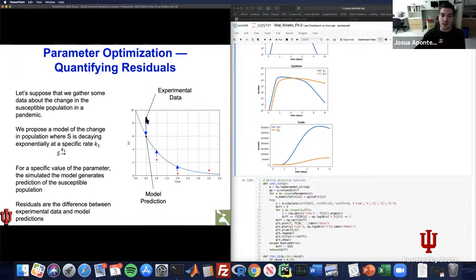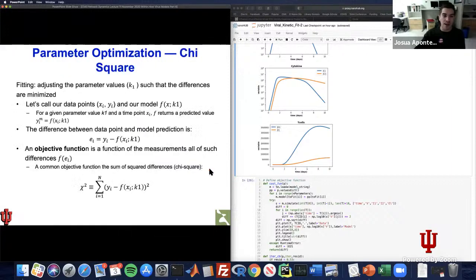It's the distance between your model prediction and the observed experimental data. And once we've quantified that difference, there are different options as to what we do with that distance.